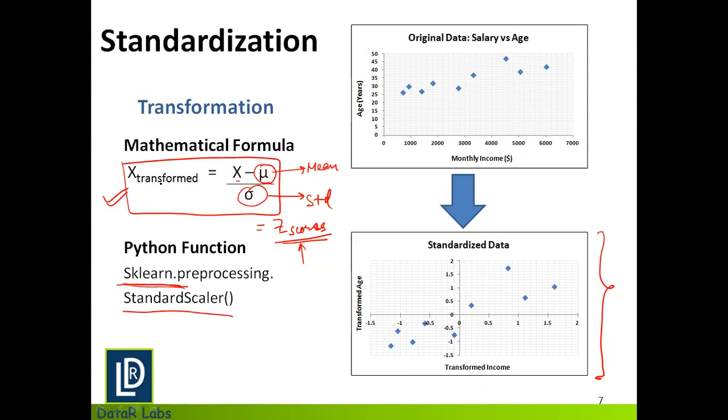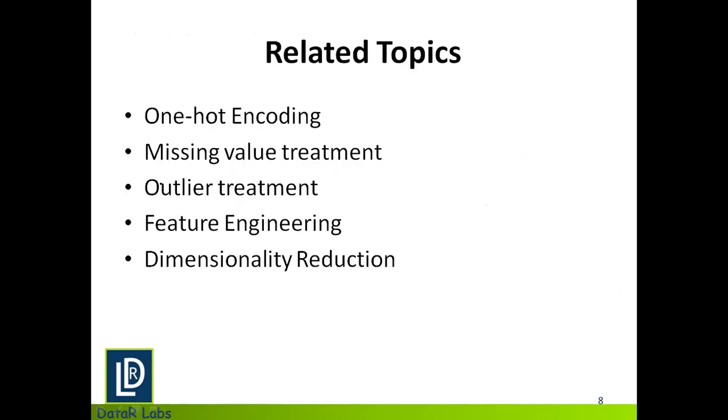All right, so that's more on this topic of data transformation using normalization and standardization. Other similar topics which go into data preprocessing are one-hot encoding, which is nothing but converting my categorical data into some numerical codes. Then something we more often than not do before feeding the data is missing value treatment.